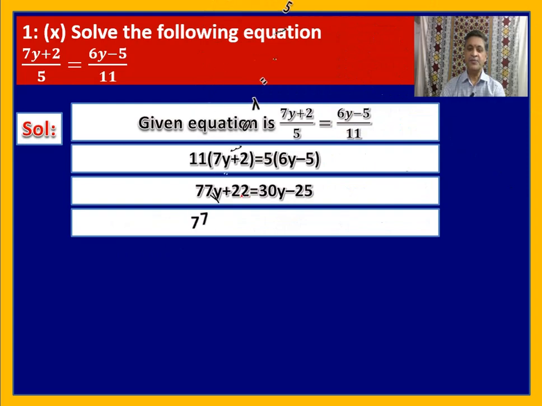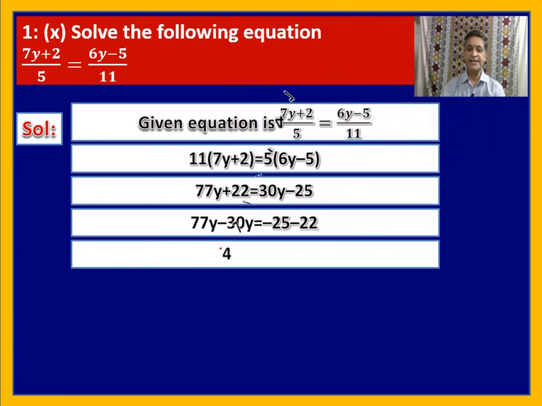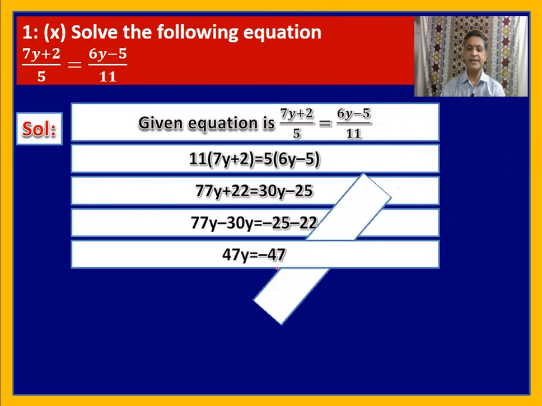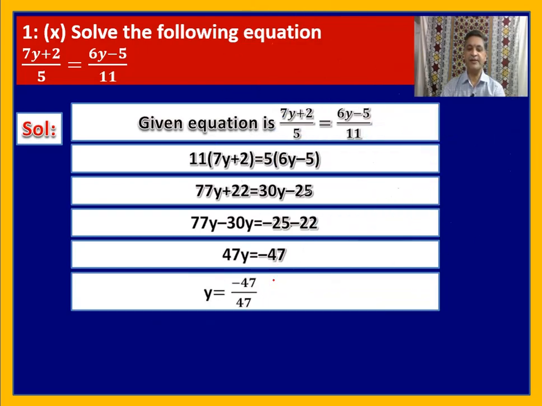Then sending variables to one side and constants to other side, 77y minus 30y is equal to minus 25 minus 22. That is 47y is equal to minus 47. So y is equal to minus 47 by 47. You get minus 1. The value of y is minus 1.